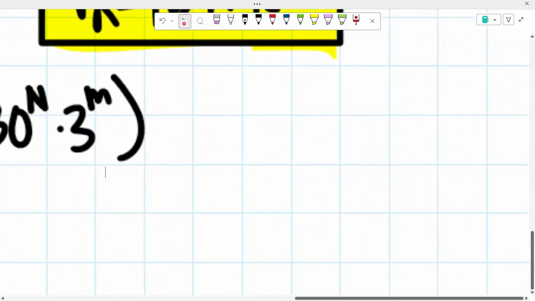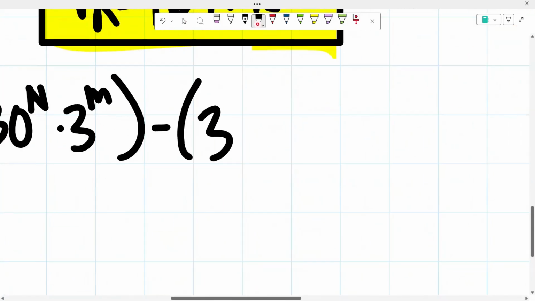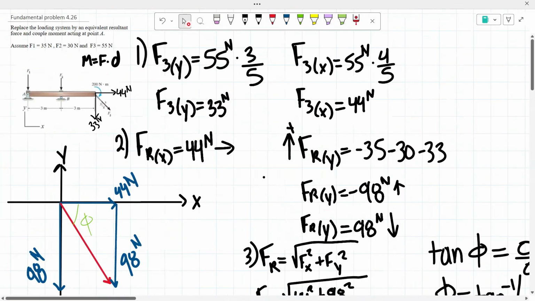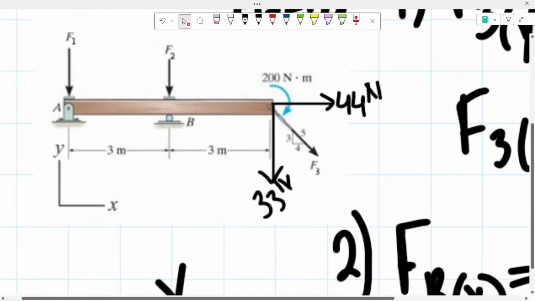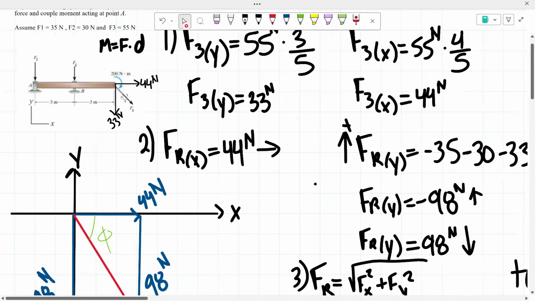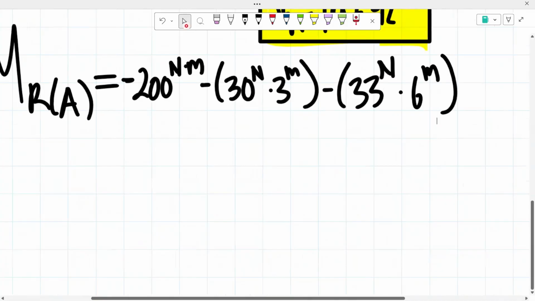So negative moment of 33 newtons times 6 meters. And then our horizontal force is not going to be creating a moment since it intersects that vertical axis. Remember, moment is equal to force times distance, and our distance here would be 0, so there is no moment happening with that force.